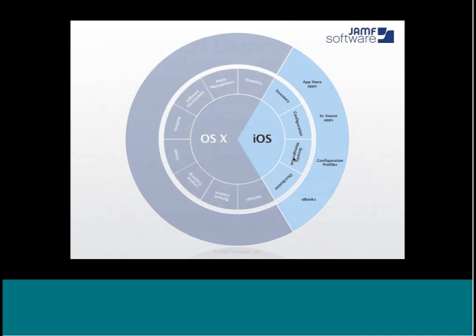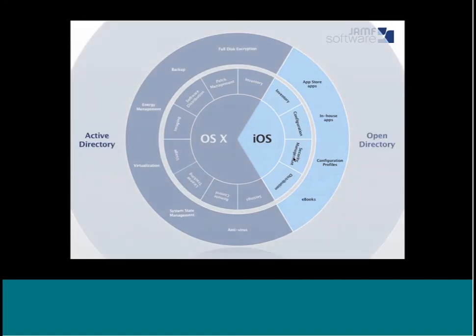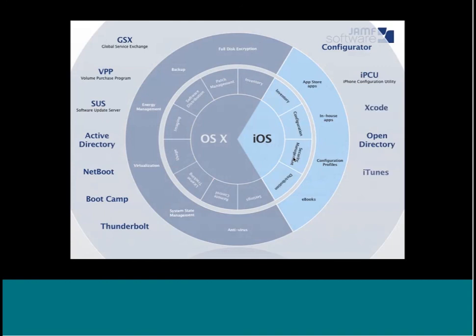For anyone that's using Macs, just keep in mind that the Casper Suite can also manage the full lifecycle of the Mac OS X environment, and we integrate nicely with a lot of common Apple enterprise tools: Active Directory, Open Directory, GSX, Configurator, the iPhone Configuration Utility. So think of this as the deep and wide tool for managing the full Apple platform as deeply as possible.